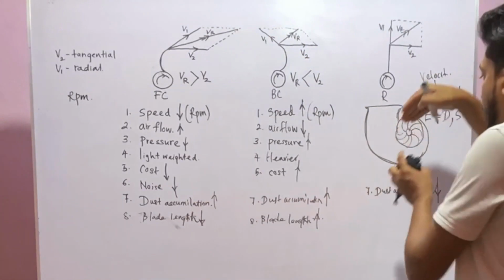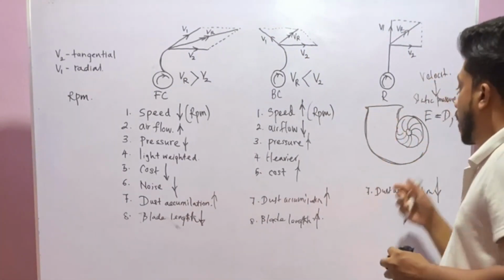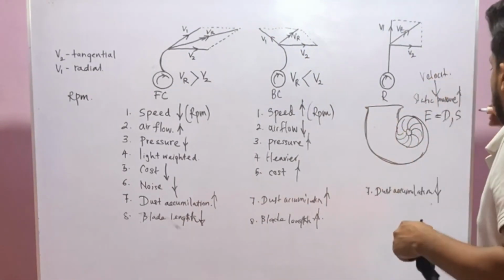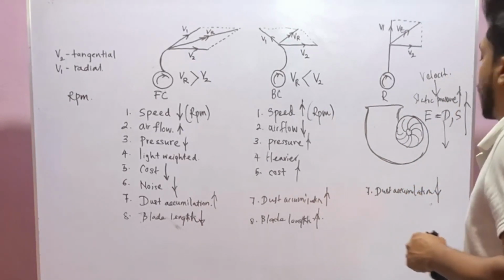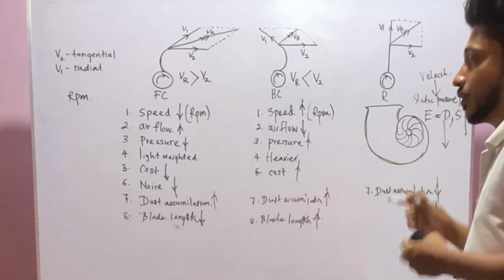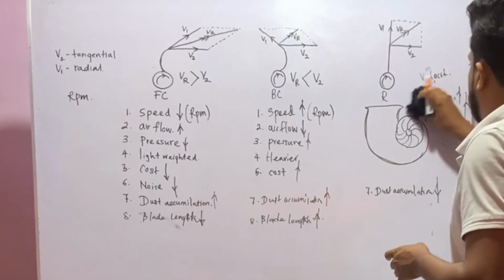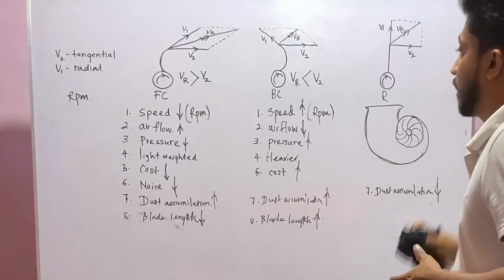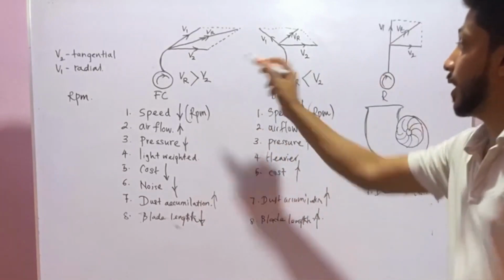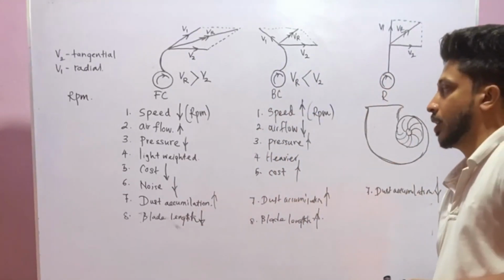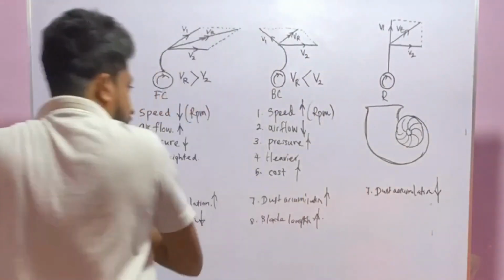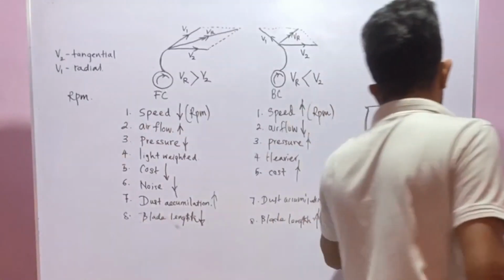But because we make a scroll housing like this, dynamic pressure will be decreased and static pressure will be increased. So that is how we convert the velocity pressure into static pressure in the forward curve fan by using a scroll housing. But the thing is, not all the dynamic pressure is converted into static pressure.